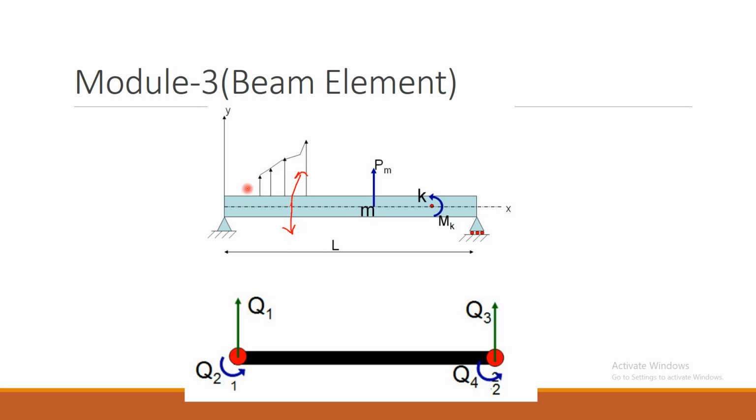Since it is subjected to loading conditions, it has a deformed shape of this way, which indicates that it has angular deflection also. By this analysis, I can say that it has a linear displacement in the y direction and angular displacement about the z direction.